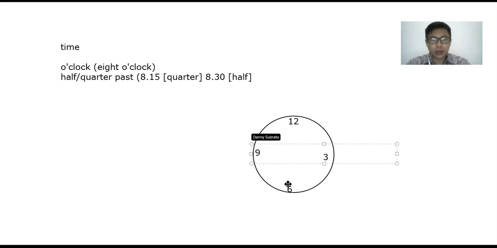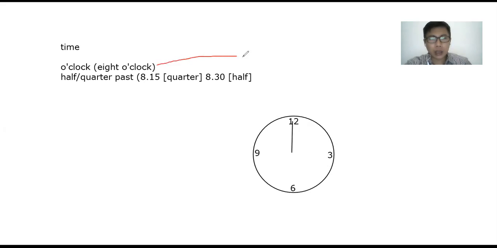Okay. So our focus is on these 4 numbers. Let's say that our longhand is at 12. That means it's o'clock.